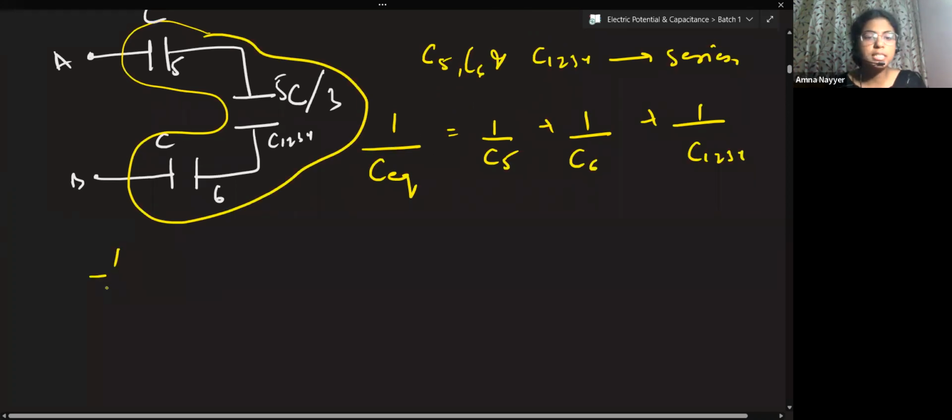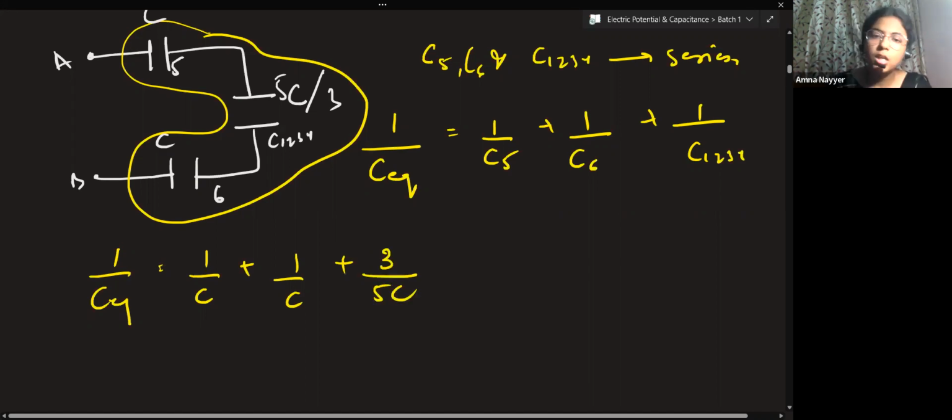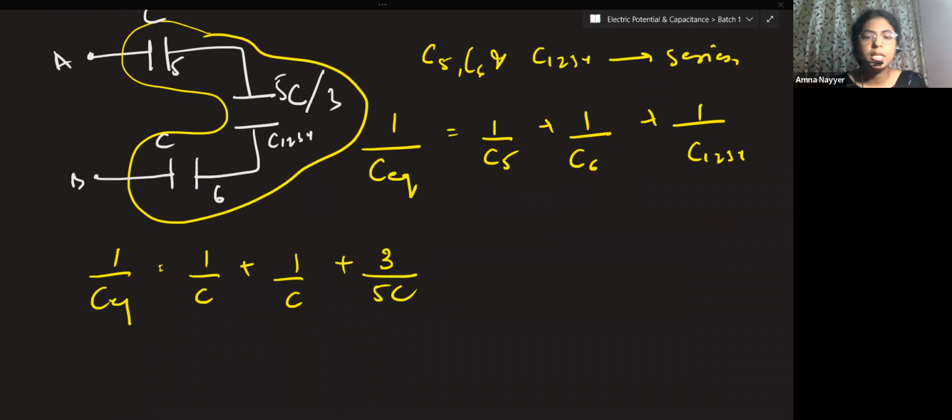So 1 by C equivalent will be 1 by C plus 1 by C plus, this was 5C by 3, so reciprocal will be 3 by 5C. Okay, Salman, come. So this will become 2 by C, or I can directly take the LCM as 5C only.